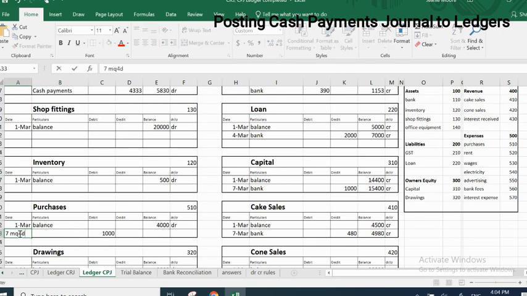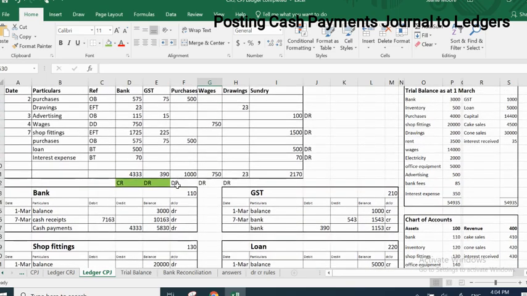I've spelled it wrong again. There we go. I'm going to write in bank, $1,000. Already debiting more, so I've now got more debits of 5,000. And tick it off.